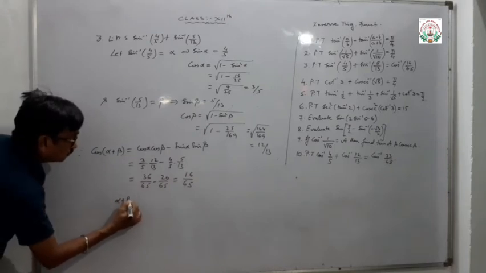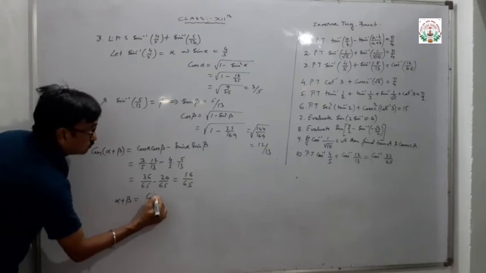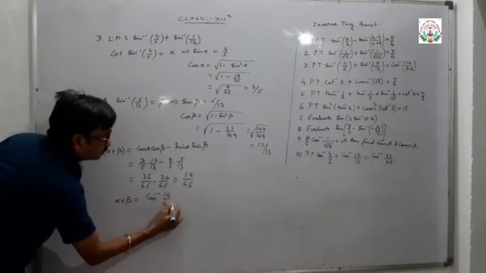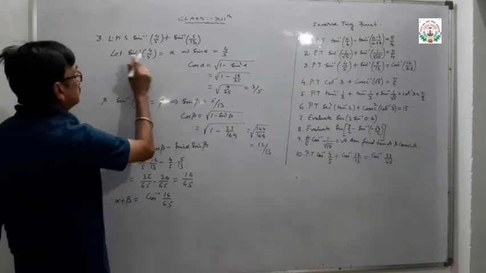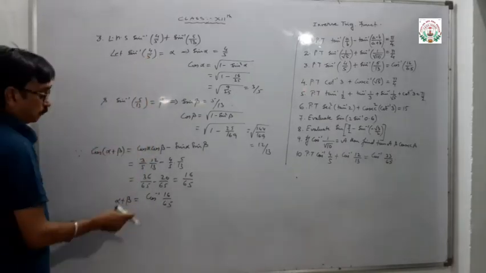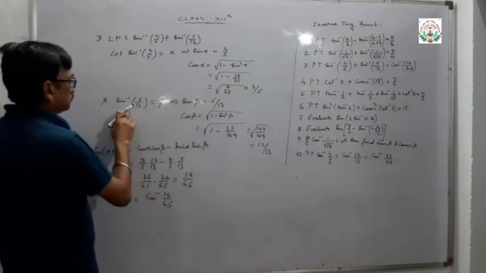So we can convert it in the inverse form. Alpha plus beta will become equal to cos inverse of 16 by 65. Now alpha is sine inverse of 4 by 5 and beta is sine inverse of 5 by 13.